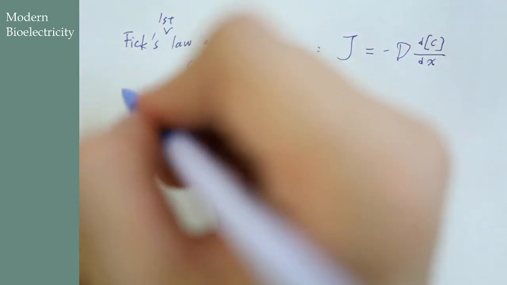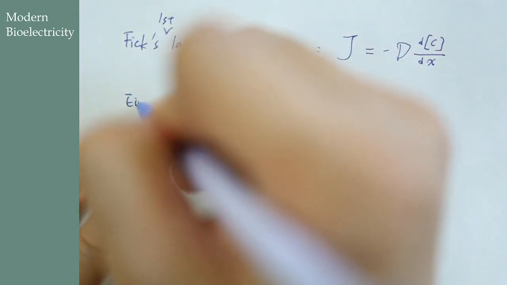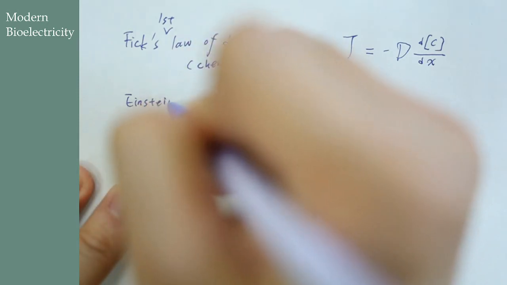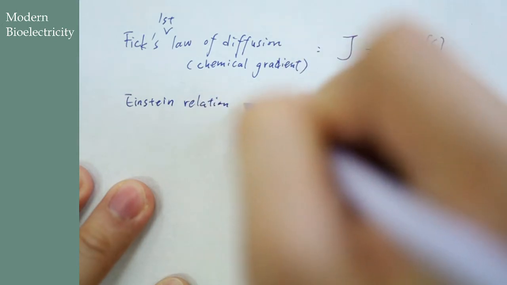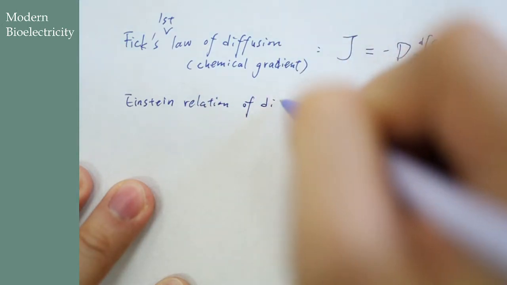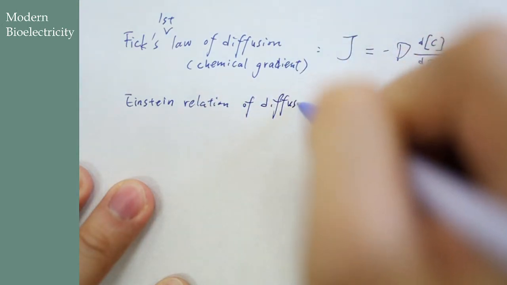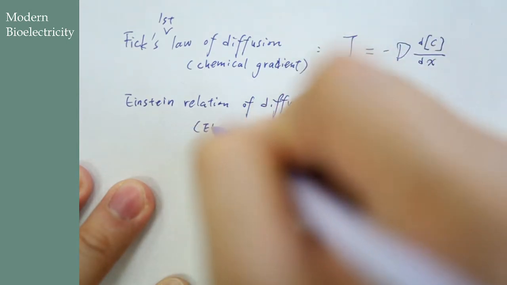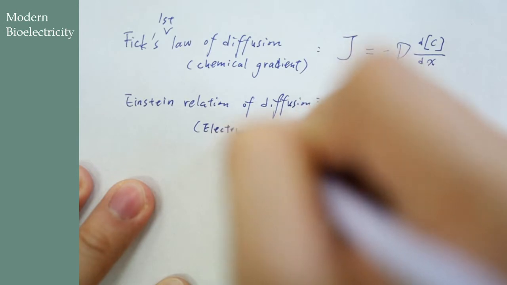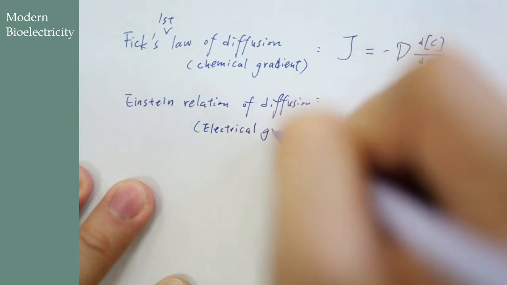And then we have the Einstein relation of diffusion, which is used for calculating the electrical gradient.